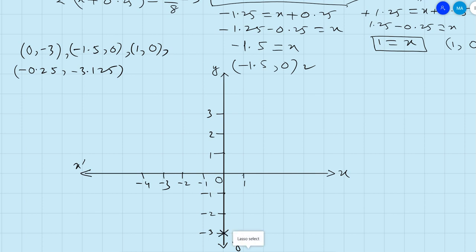The second is (-1.5, 0), a point between -1 and -2. The third one is (1, 0). And the last one is (-0.25, -3.125). This is 0, this is -1, and this is -0.5, and between 0 and -0.5 is -3.125.